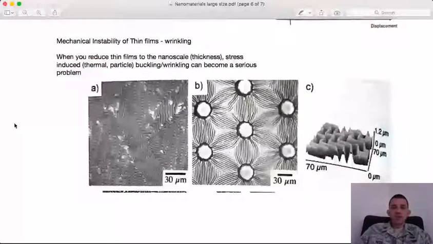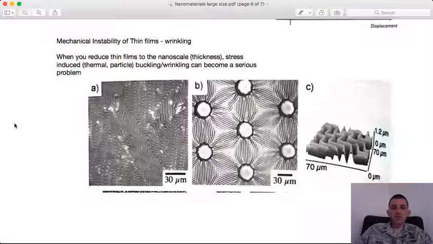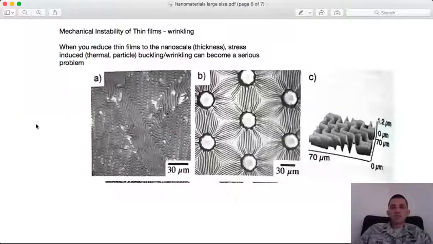The last thing I'll mention here with regards to mechanical stability is that one of the easiest ways of making a material with a dimension on the nanoscale is to just have a really thin film. The problem is that when you reduce thin films to the nanoscale, you get a different distribution, or different manifestation, of induced stress.